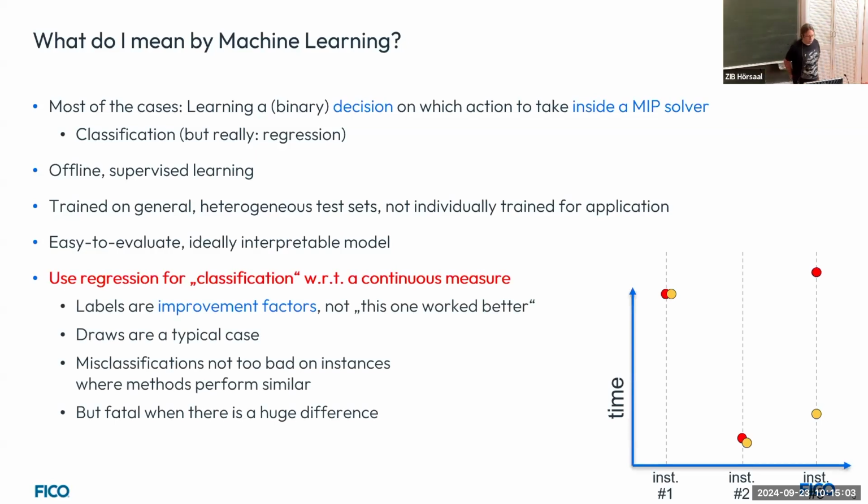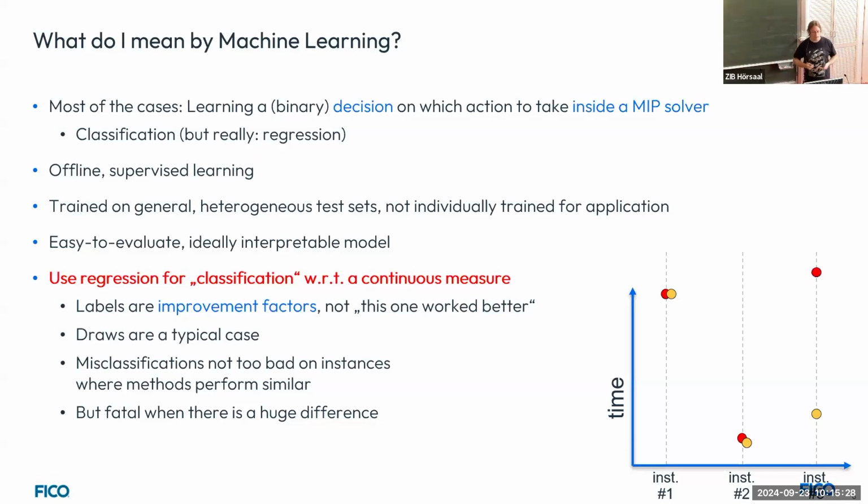Because what's typically the label, the measure that I want to improve on, that could be something like the running time of the solvers. And while I could, of course, say, okay, this algorithm has a better runtime here, this has a better runtime here, so an A-B classification, I can put more information into this by considering improvement factors between the 2 different algorithms.